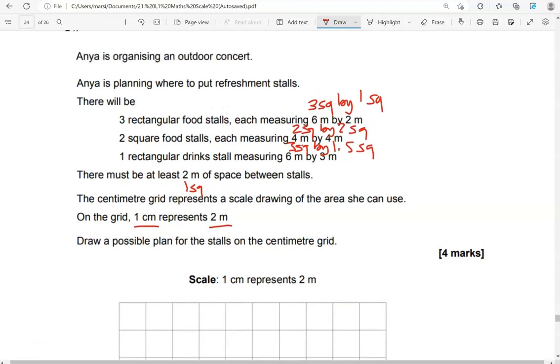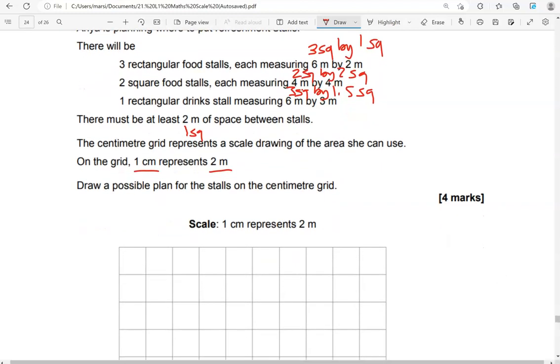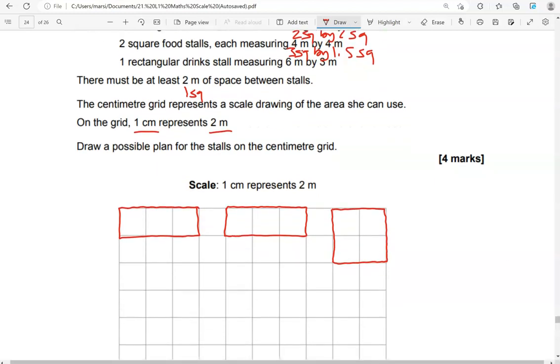It doesn't say whether we can put them in corners or not, so that means we can do it if it doesn't specify. So 3 squares by 1, leaving a gap of 1 square length, and then I do another one, and then I can do a square food stall here, 2 by 2, and another square food stall here.